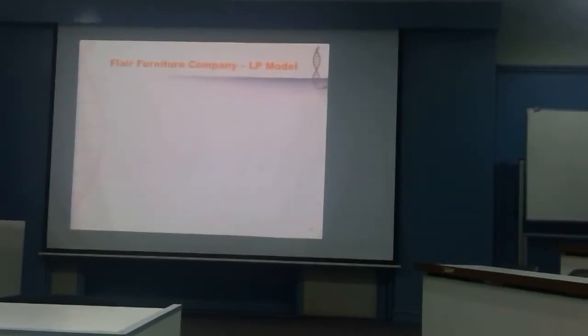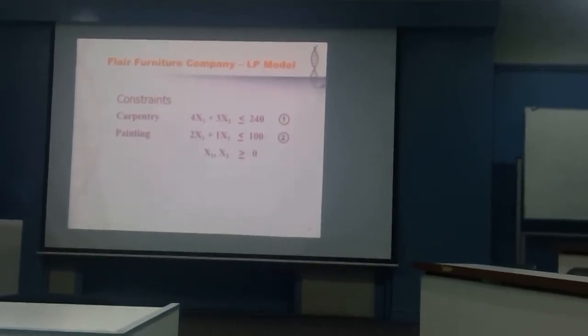We also have the constraints. As I mentioned, we have two constraints. The first one is about the carpentry hours. One table requires 4 hours of carpentry, so if you produce x1 tables, you require 4x1 carpentry hours. One chair requires 3 hours of carpentry, and if you produce x2 chairs, you require 3x2.